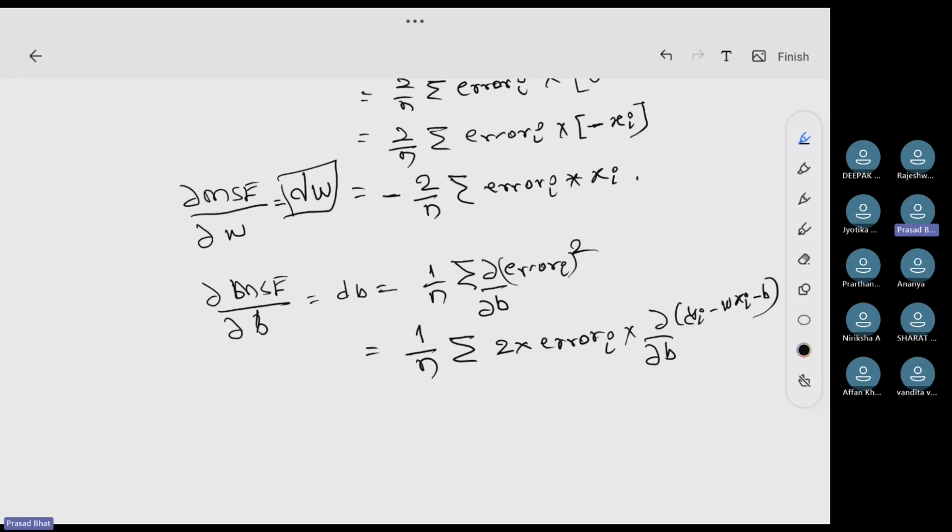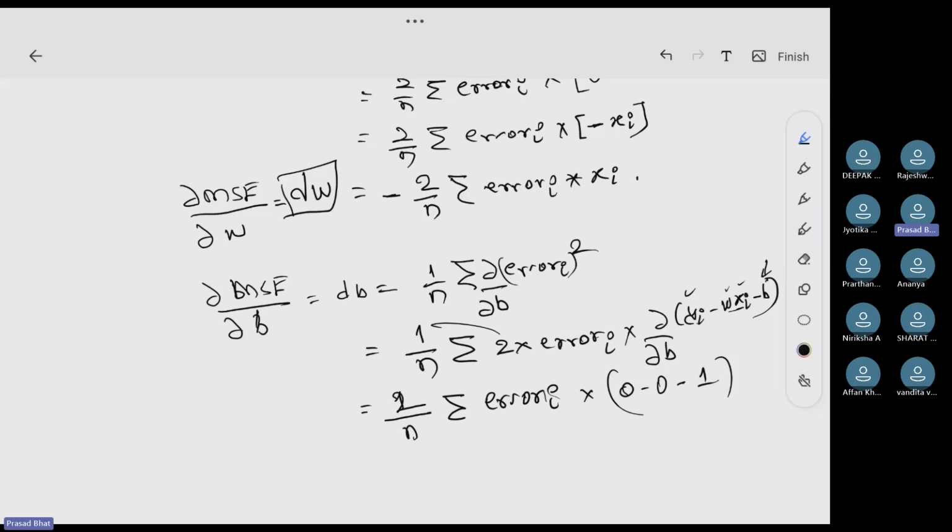Correct? Now in this case, we are treating B as a variable, right? W xi both are constants. Yi is also constant. So shall I take 2 outside? It is 2 divided by n sigma error I into the effect on yi is 0, minus the effect on b becomes 1, correct?